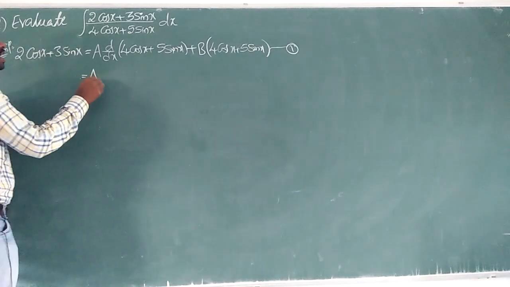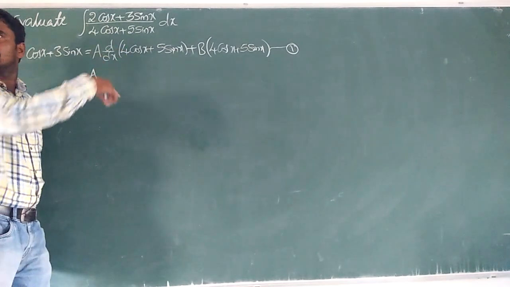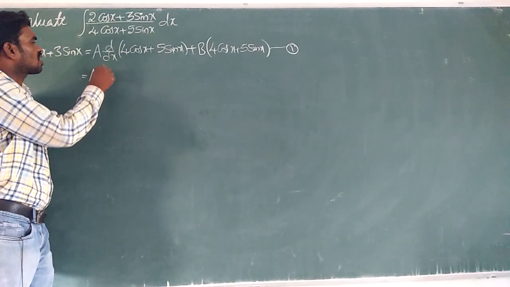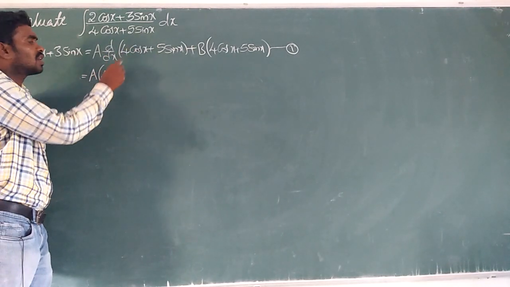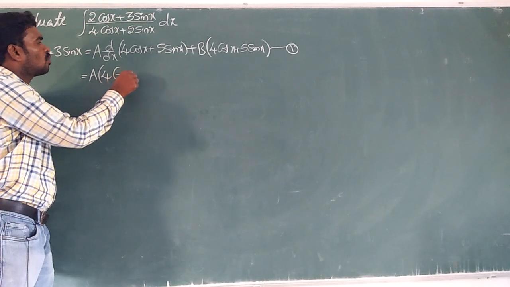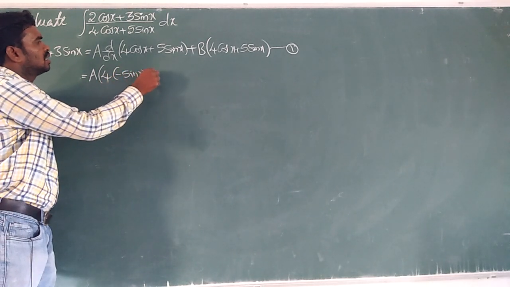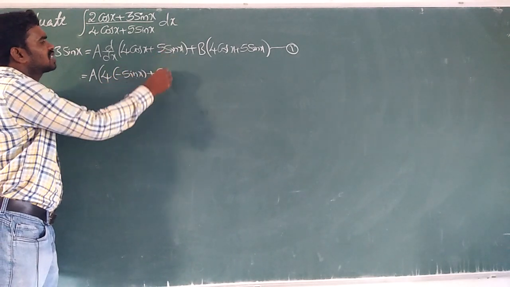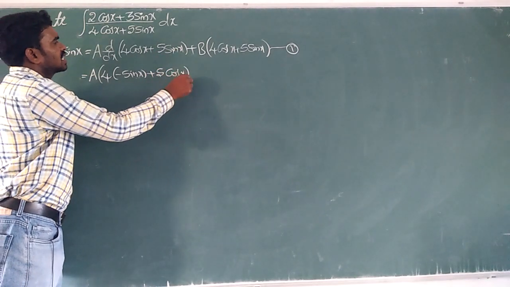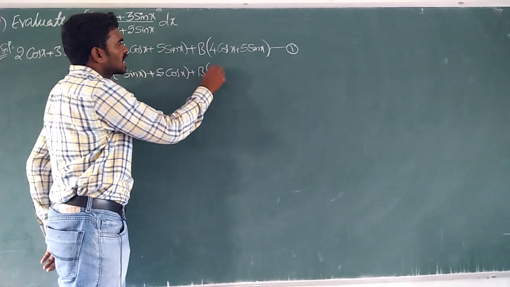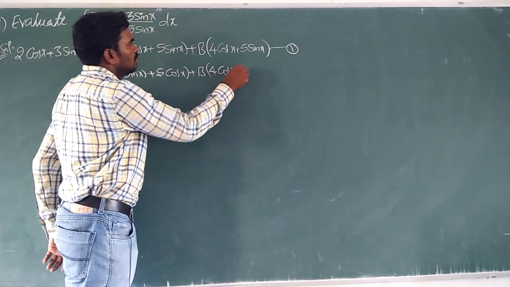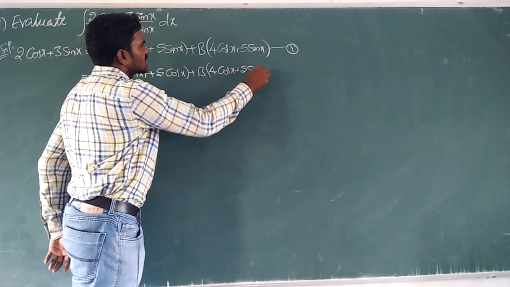Now A into, what is the derivative of this term? 4 is a constant, right, as it is. Derivative of cos x, what? Minus sin x. Plus 5 into derivative of sin x, what? Cos x. Plus B into, here no derivative, so directly as it is we write 4 cos x plus 5 sin x.